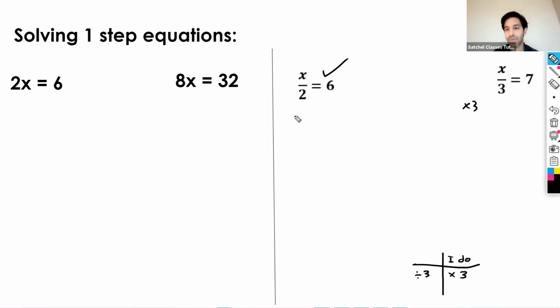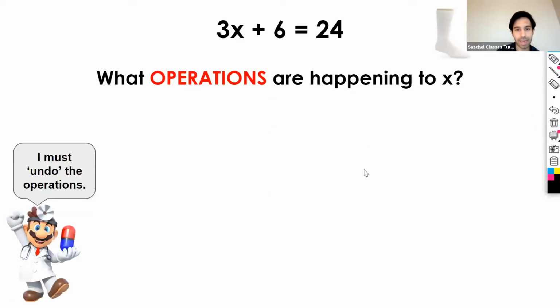As we saw in the previous example, the 3s will cancel out, and 7 times 3 is 21. So x is equal to 21. And again, if I substitute 21 into this equation, 21 divided by 3 is equal to 7.